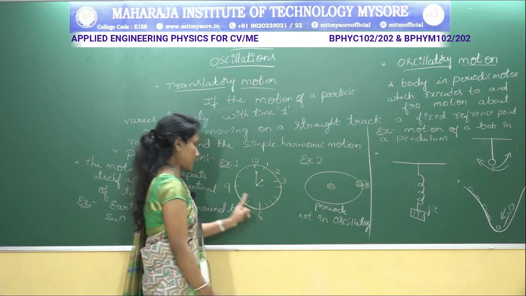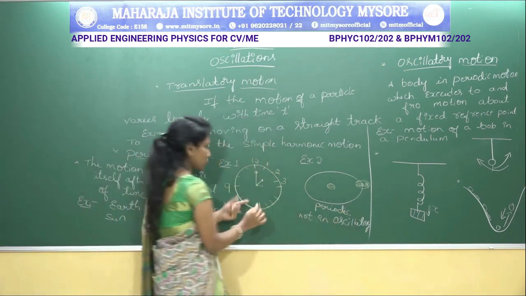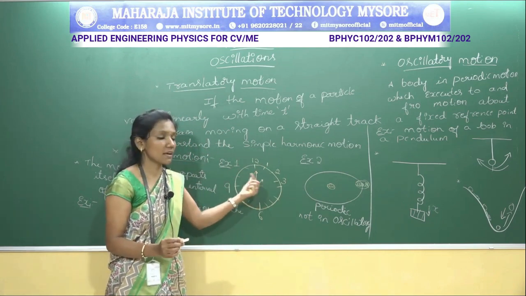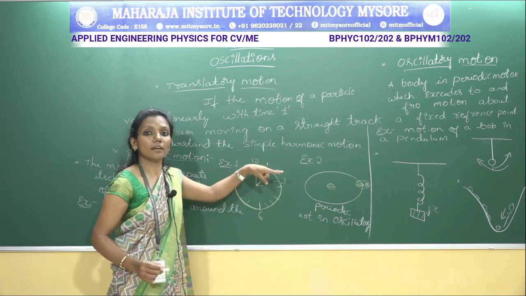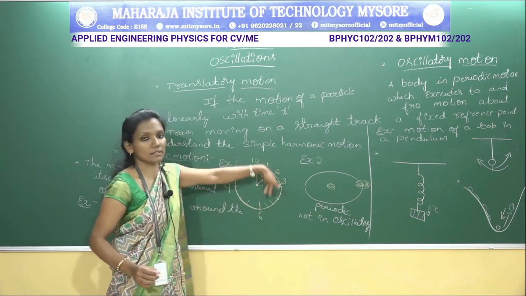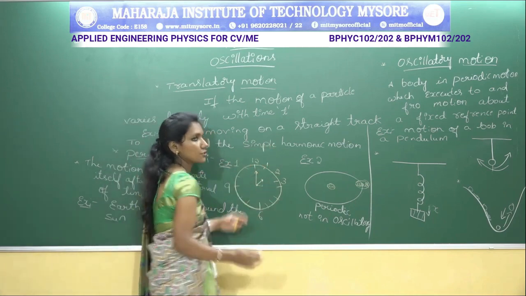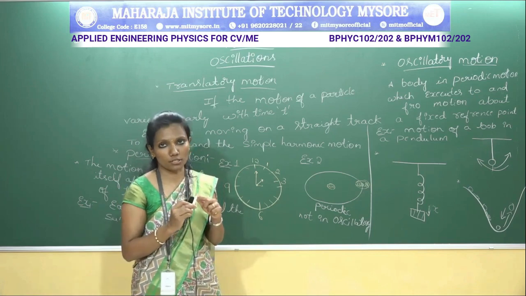The clock is also periodic motion, as it repeats after some interval of time, but the hands do not move in reverse. So it is not making an oscillation; oscillation is nothing but a to and fro motion.